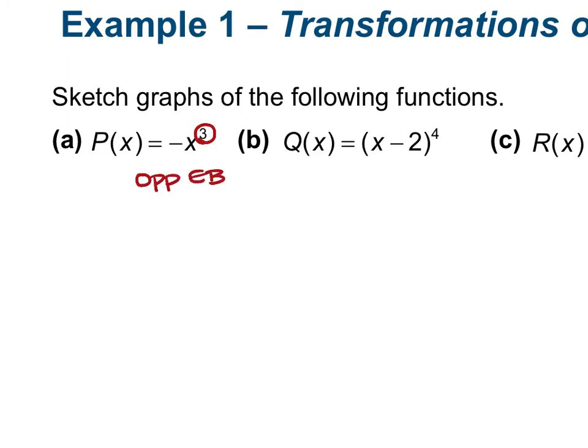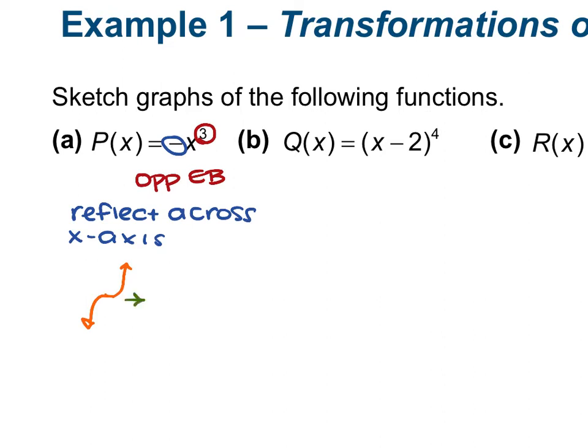We do have a negative though, so that negative we reflect across the x-axis. So if these were opposite behaviors, originally started like this, we're going to flip it so that it goes up to the left, down to the right.